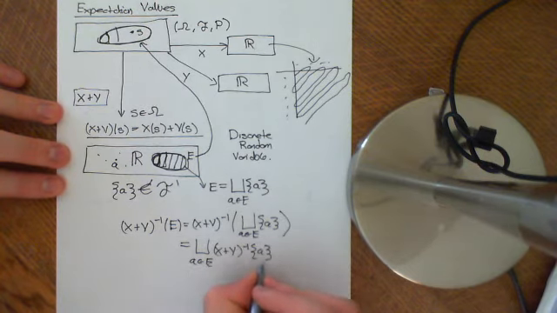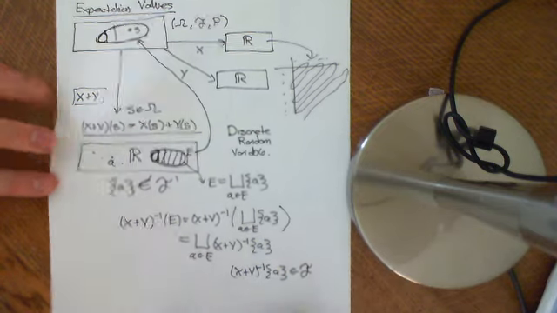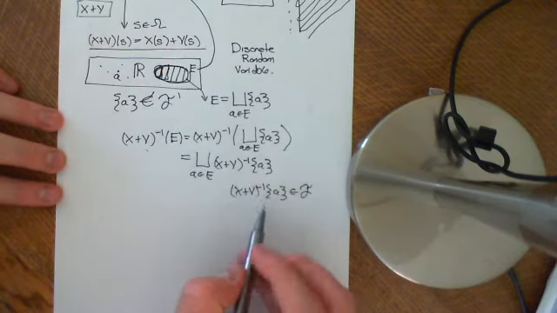So if (X+Y) inverse of A is an element of the set of events, then it would imply that this union is in the set of events.